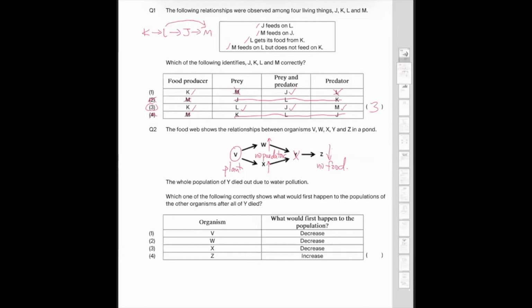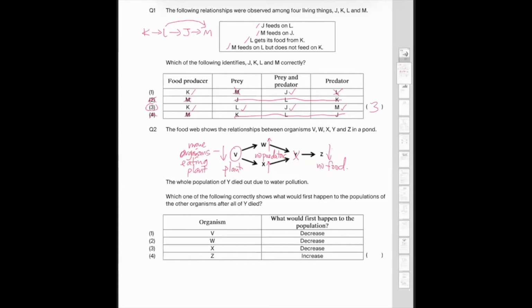If no predator, you increase. Your V will decrease because there are more organisms eating it. Which is why your population of plant will decrease, your W and X will increase, and Z will decrease because there's no food, because Y died.